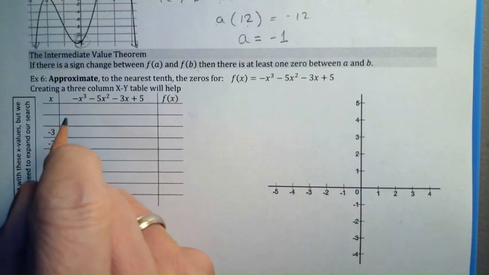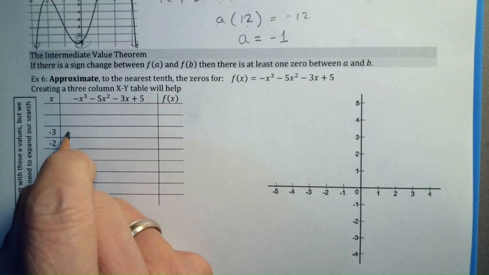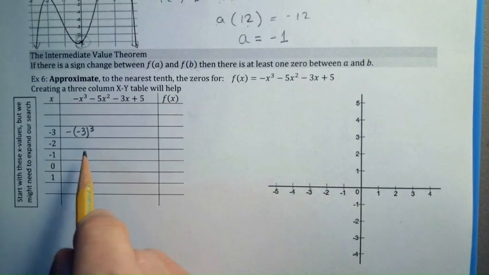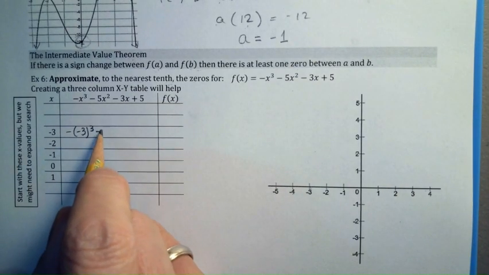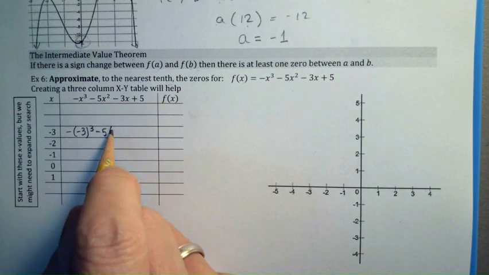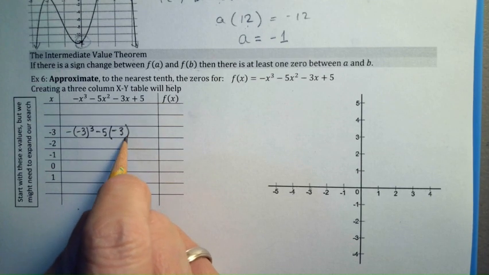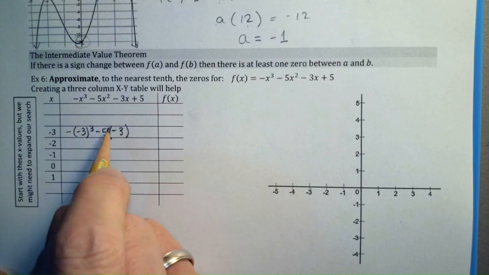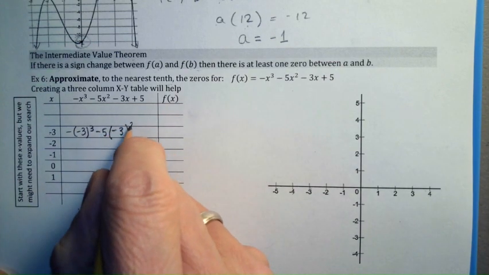You're going to do the negative of -3 cubed, minus 5, and wherever there's a substitution, I'm going to put in parentheses so that I make sure that I'm raising the negative to that power. So we're going to raise that to the second power.